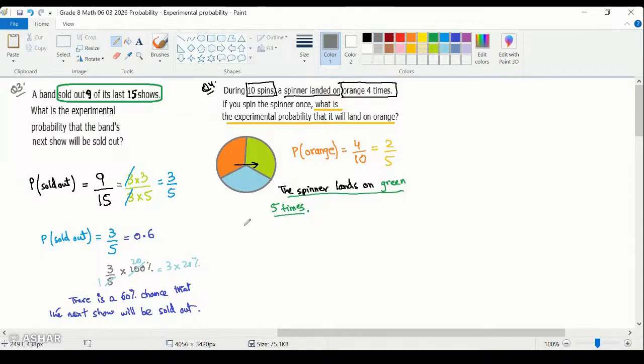They're asking us to find the probability that the spinner will land on blue.